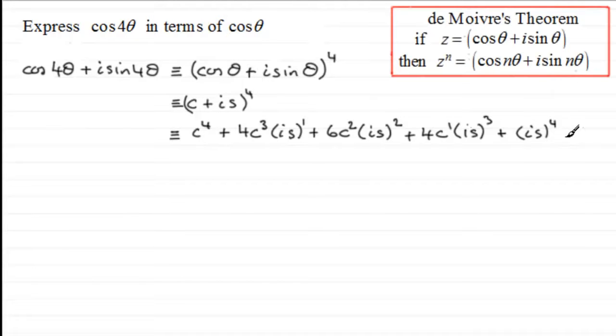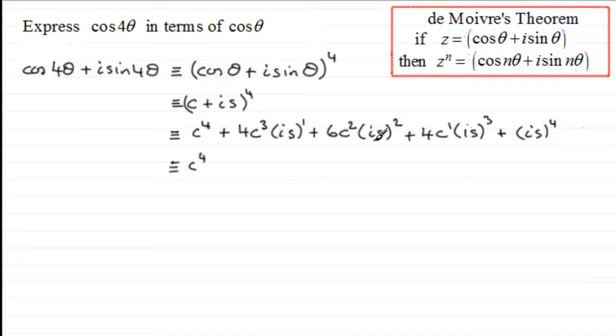All we need to do now is tidy this up. Let's group together the real parts, and then the imaginary parts. Now c to the 4 is going to be real. We're going to have an imaginary value here. This term here is going to be real because we've got i squared s squared.